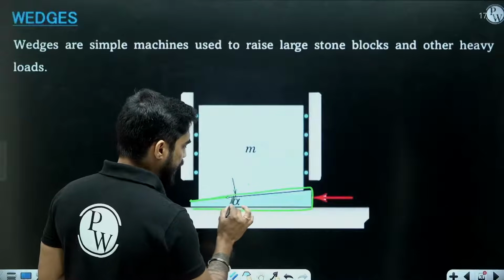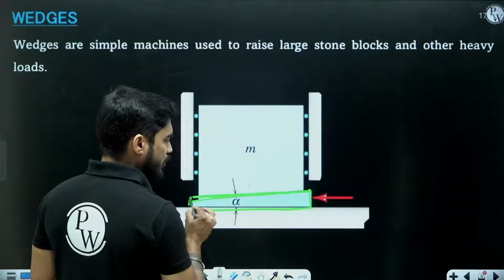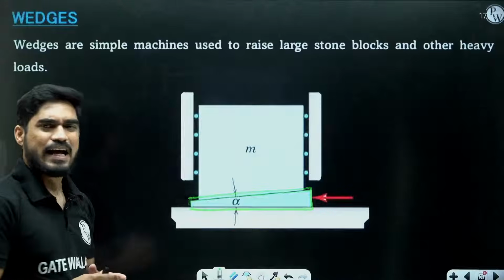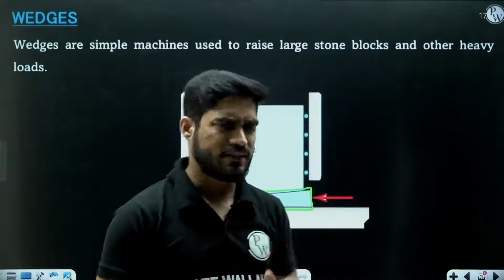Now this thing has an inclined surface. This is known as a wedge. Usually these wedges are made of wood, but they can also be made of metals.